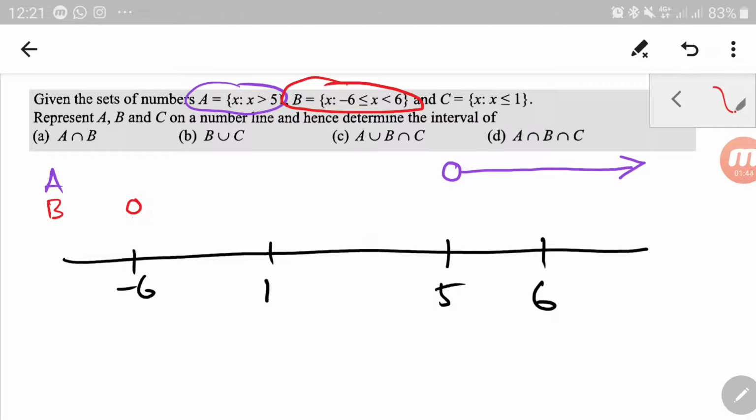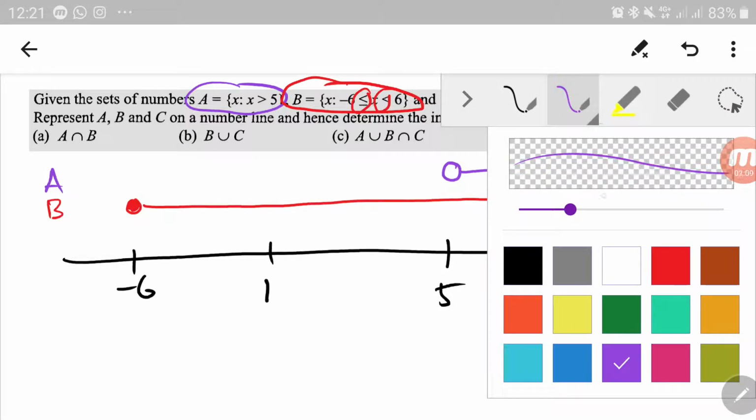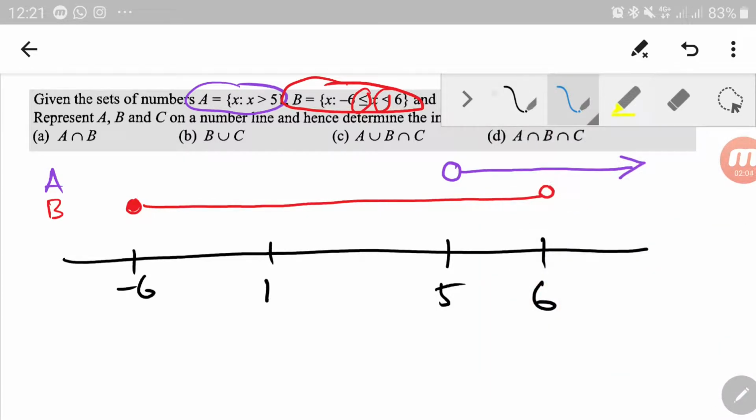So on top of -6, a dense circle. Why a dense circle? Because we have an equal sign inside the inequality. And then on top of 6 is an empty circle because there is no equal sign. Then we connect.